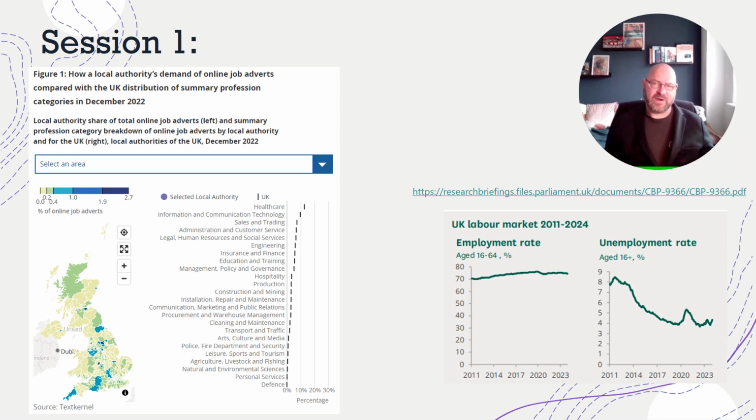Now think about that. If you need a massive demand in terms of new labour, you've only got a 4% market that is unemployed, and they're probably unemployed for very good reasons. Unskilled, they may have restrictions in terms of mental health or other kinds of disabilities, and so you would need to work with what you have.